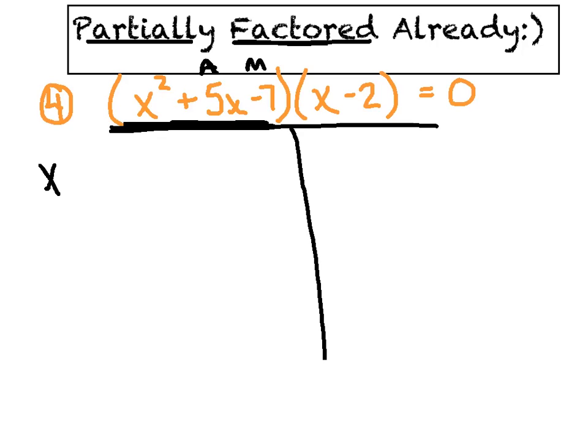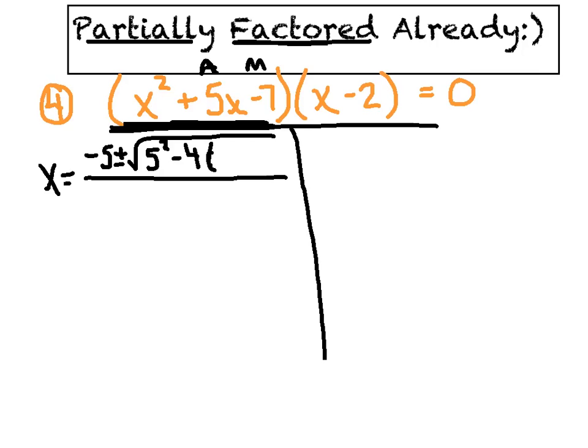And so I've got to set up my quadratic formula. x equals negative b plus or minus the square root of b squared minus 4 times a times my c value. And that's all divided by 2 times a. Feel free to grab your calculator here to help you clean up some of these numbers.